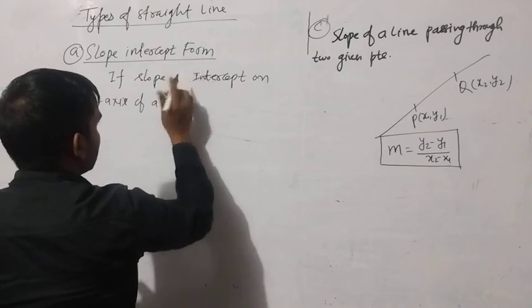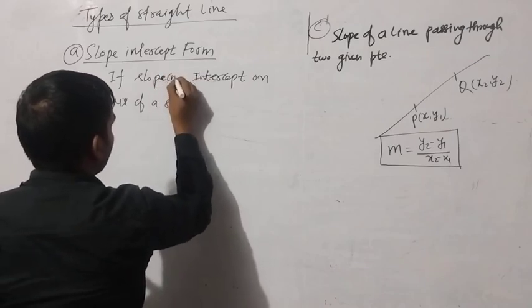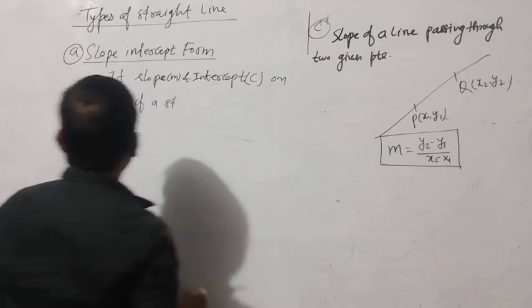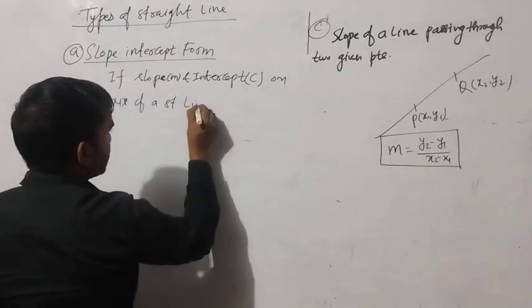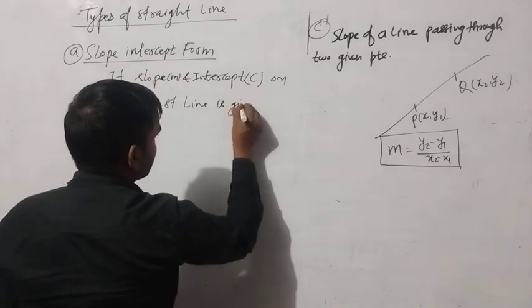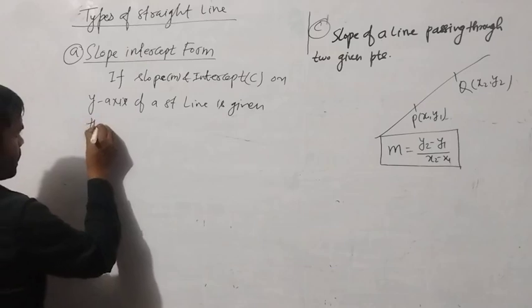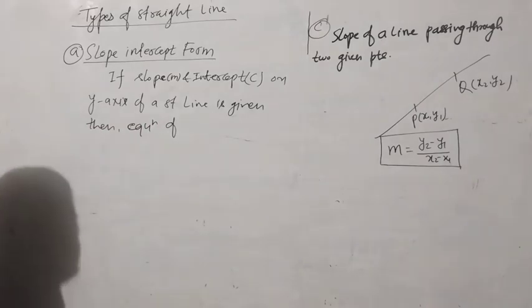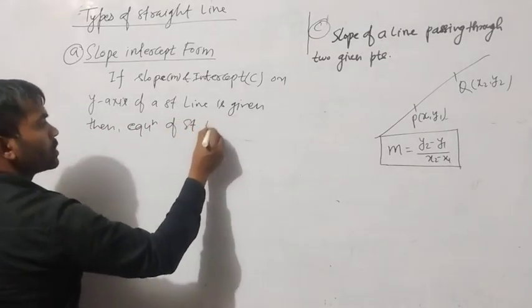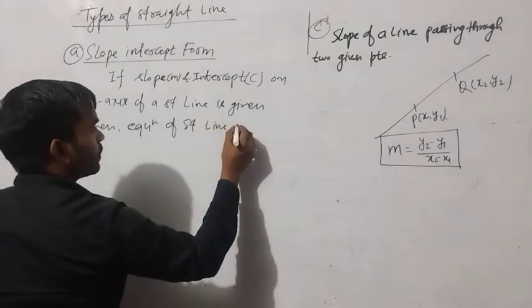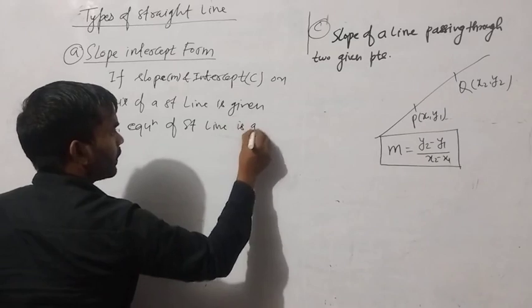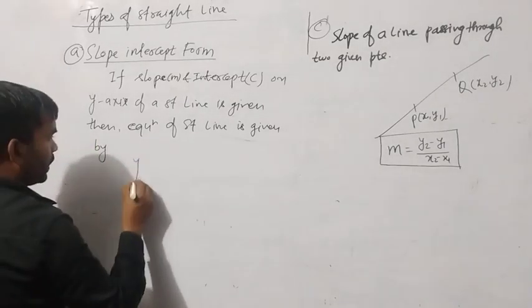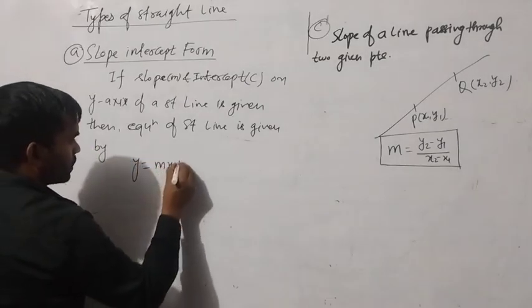So we can modify this. If the slope, we can write m, and intercept c on y-axis of a straight line is given, then the equation of the straight line is given by, that is y is equal to mx plus c.